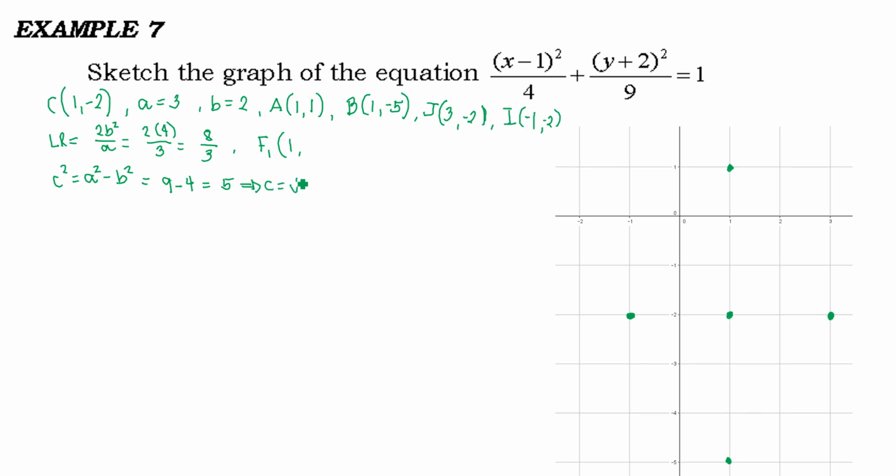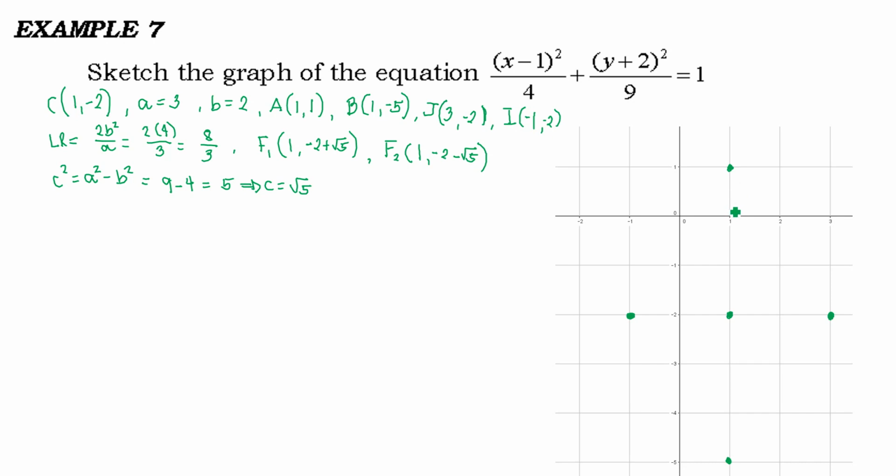So here, we are going to have negative 2 plus square root of 5. And for the focus 2, we have 1, negative 2 minus square root of 5. Okay. So, for the focus 1, we have 1, negative 2 plus square root of 5, that is approximately equal to 0.24.